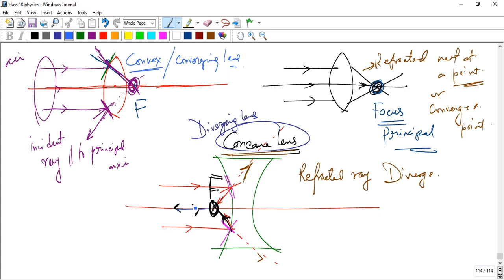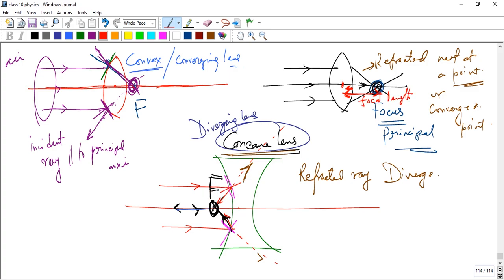Now we discuss the first focal plane and second focal plane. So what is the first focus, and what is the first focal plane, and what is the focal length? The focal length is from optical center. If I ignore this thickness, that is very small, optical center to that length is called focal length.